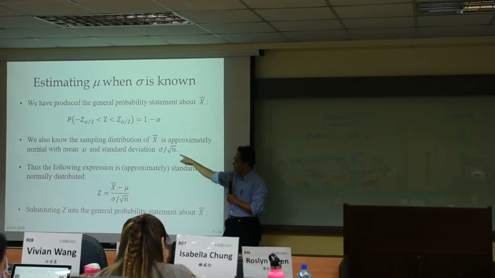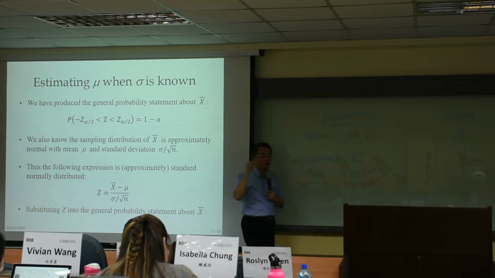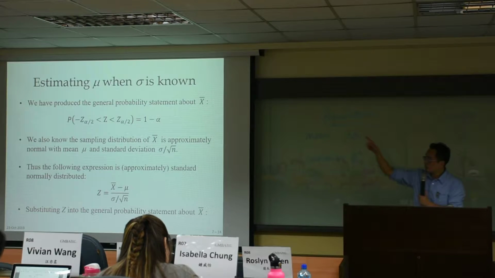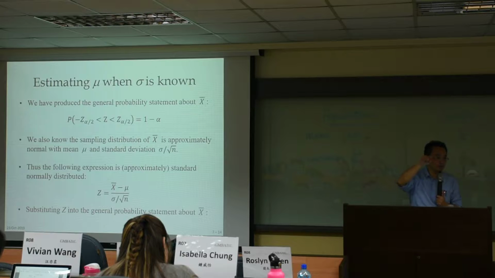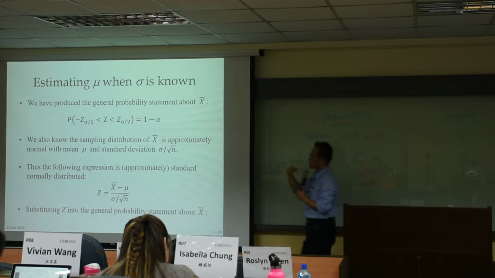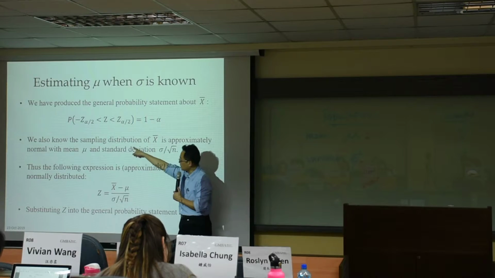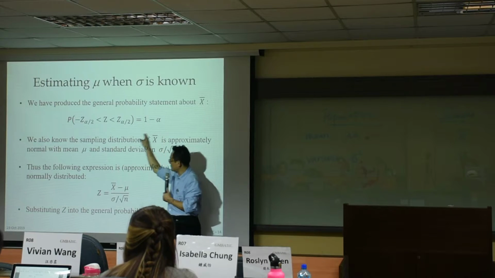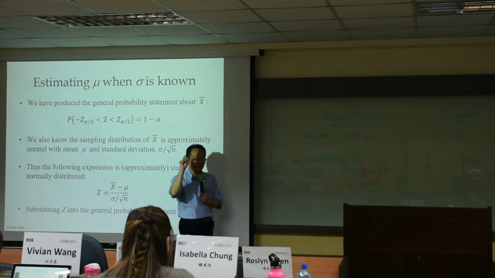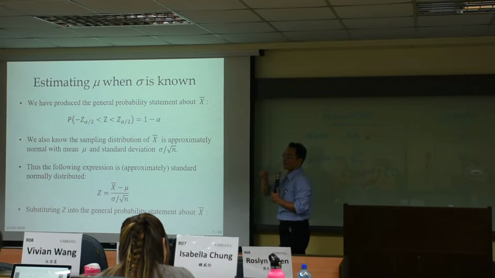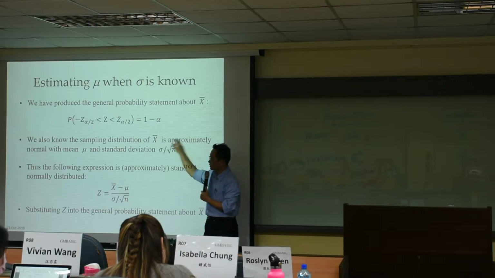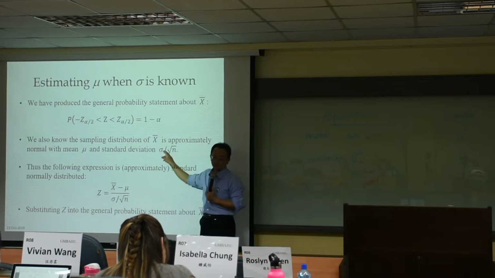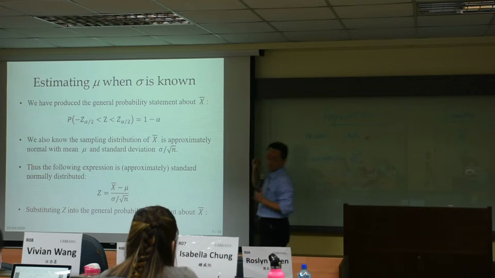So given these two concepts, z is standard normal distribution, and the sampling distribution of x bar, try to recognize this phrase as one word, is approximately normal with mean mu and standard deviation of sigma over square root of n.